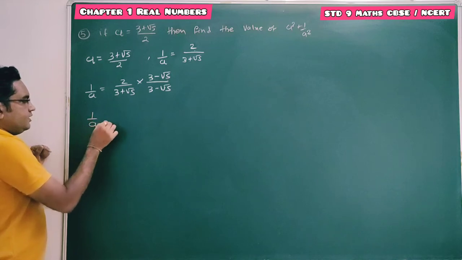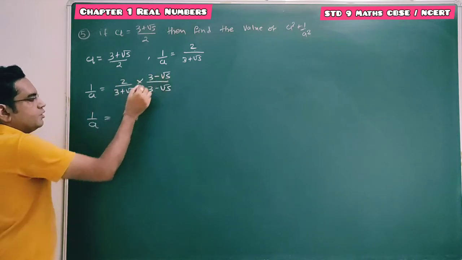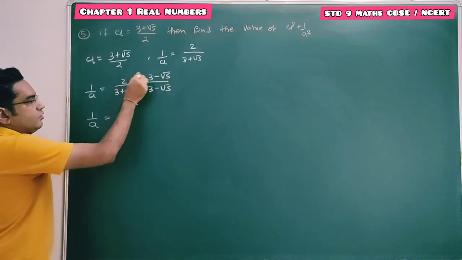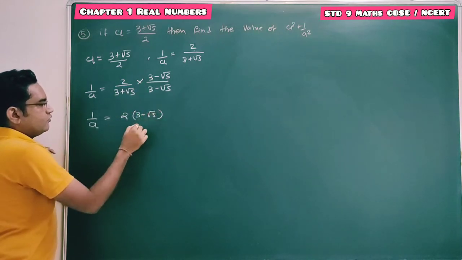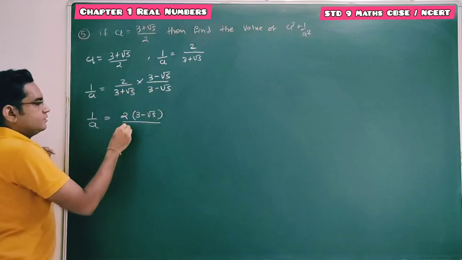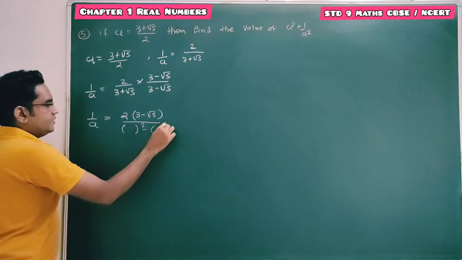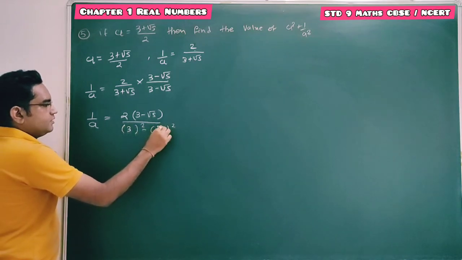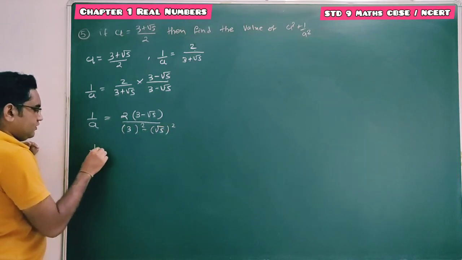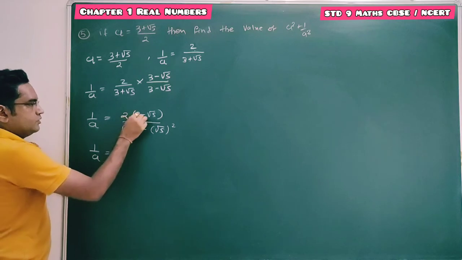So 1 upon a equal to, now multiplication on the numerator, it's 2 into 3 minus root 5, upon first term square minus second term square. This is root 3, this is root 5.